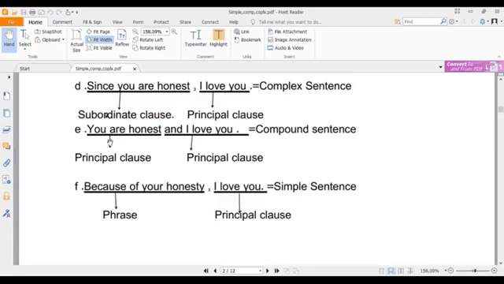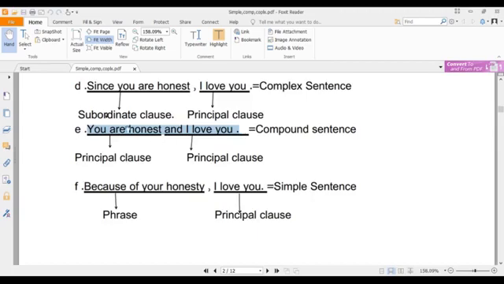Here, "you are honest" is a principal clause and the other part of the sentence, "and I love you", with "and" is also a principal clause. When a sentence contains more than one principal clause and makes a sentence, it is called a compound sentence.